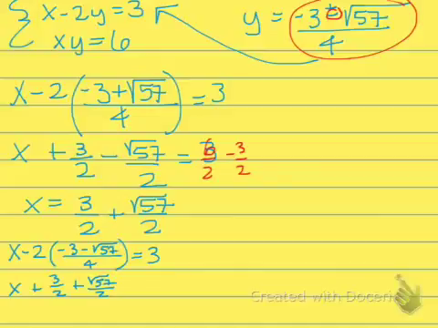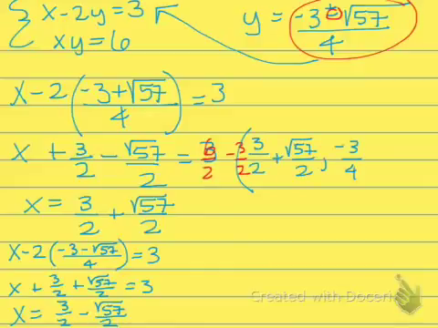Everything else is the same. Negative 2 times negative 3/4 is going to be 3/2. Negative 2 times negative square root of 57 over 4, so it's going to be positive, and that's equal to 3. Then we subtract 3/2 and subtract square root of 57 over 2, and we end up with 3/2 minus square root of 57 over 2.